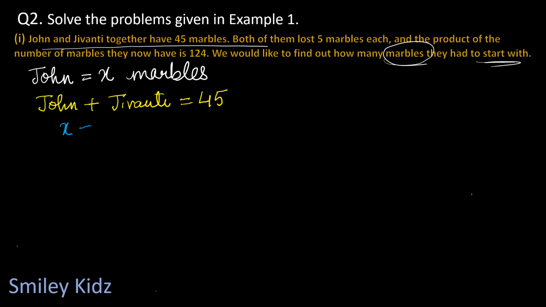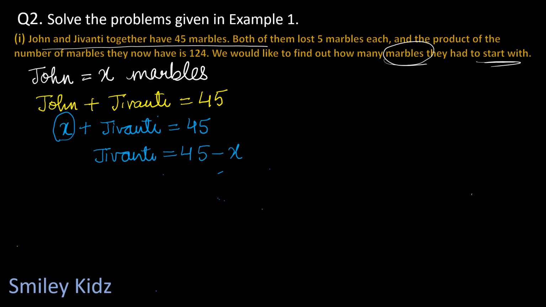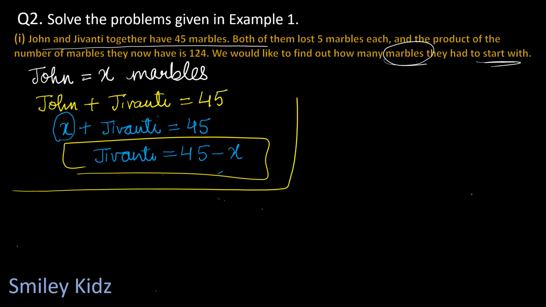So x plus however many marbles Jivanti has equals 45. When I transpose this x to the other side, it turns out to be 45 minus x, isn't it? So the number of marbles with Jivanti is 45 minus x. Now this was our condition 1.